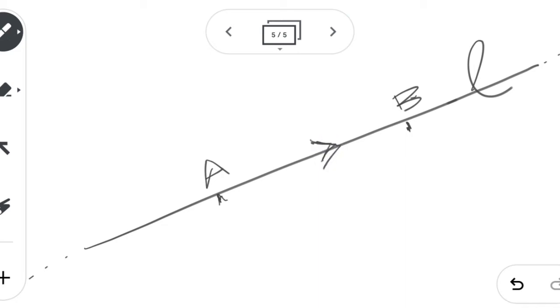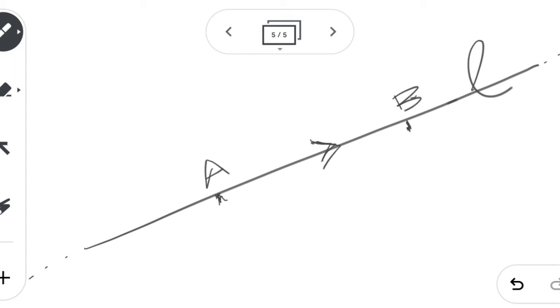It was a directed line, and we restricted this directed line into a line segment AB. Now AB has a magnitude and a direction. So it is a vector. This directed line segment AB is a vector.